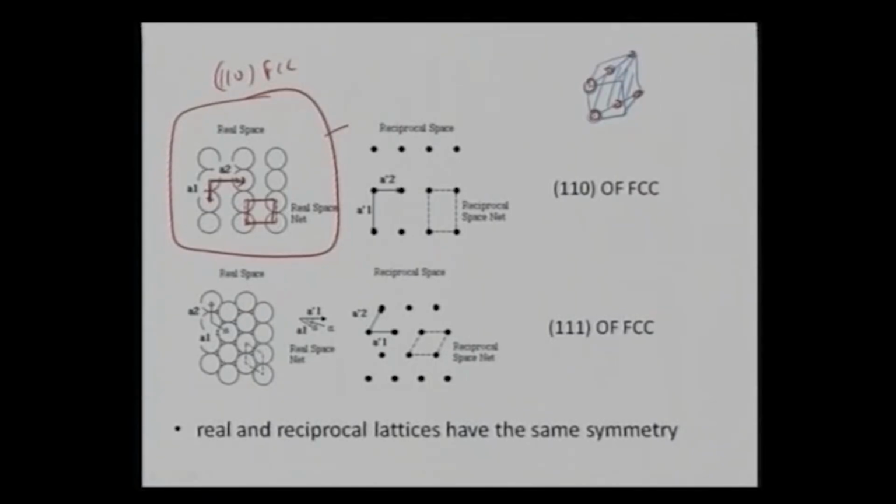But once I come to reciprocal space, I can track each and every atom like this, or particular row of atoms for a particular plane. What I can see is, now my A1 has become 1 by A1, and now my A2 dash has become 1 by A2.